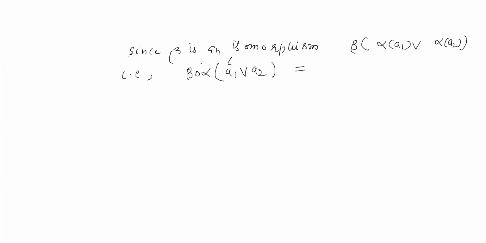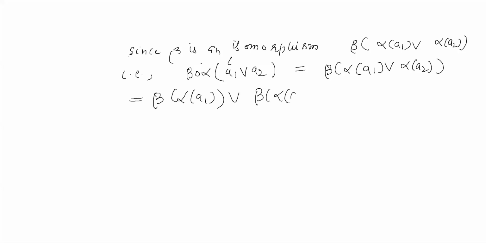First I use the fact that alpha is an isomorphism, so alpha of A1 join alpha of A2. Then again, since beta is an isomorphism, it is equal to beta of alpha of A1 join beta of alpha of A2. So this is equal to beta composition alpha of A1 join beta composition alpha of A2.